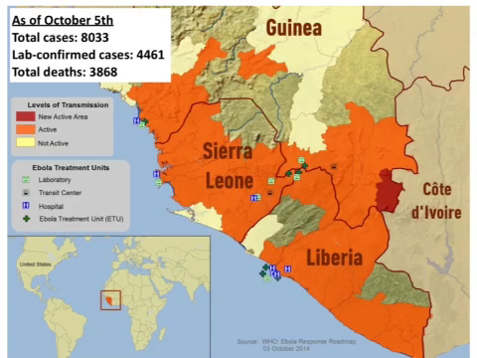Lab-confirmed cases were substantially less, but the threshold for lab-confirmed cases is a little bit high, and it also depends on getting the samples to the lab, and there's a lag time for processing. So total number of cases is about 8,000, and the total number of deaths is just under 4,000. So this particular outbreak of Ebola virus is killing almost half of its victims.